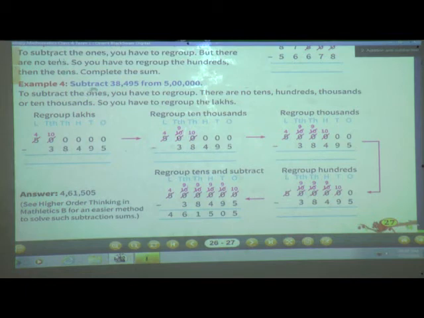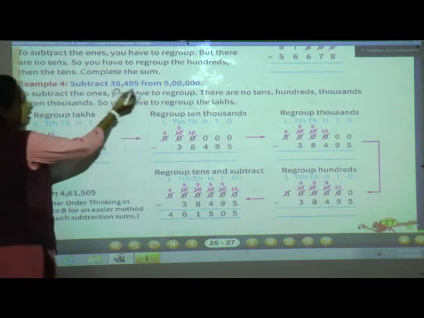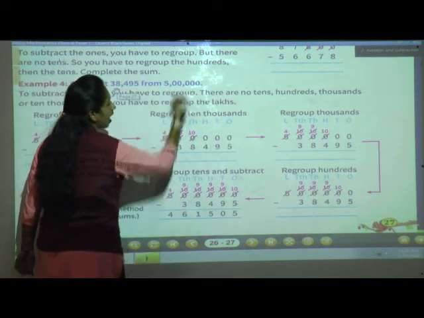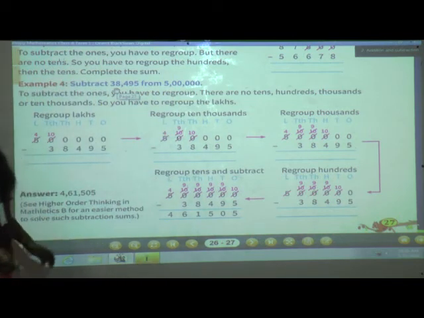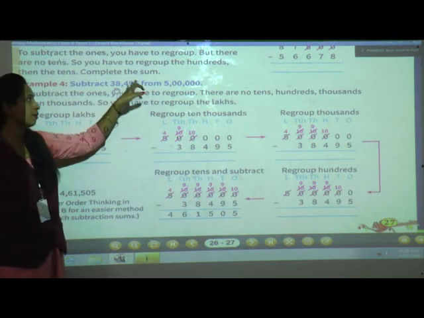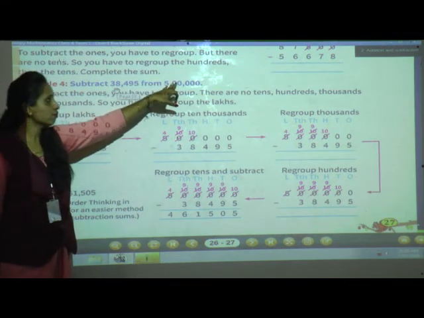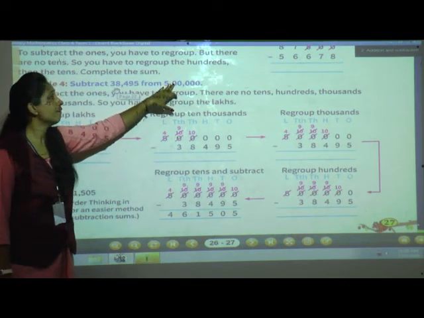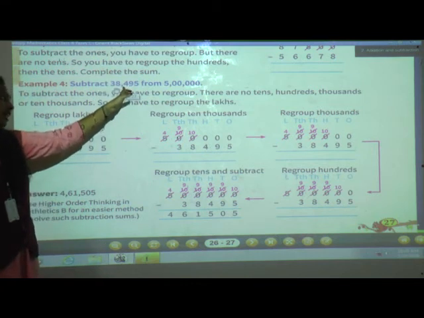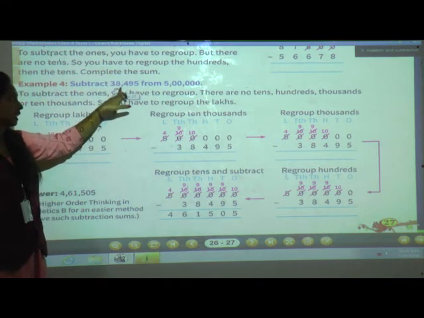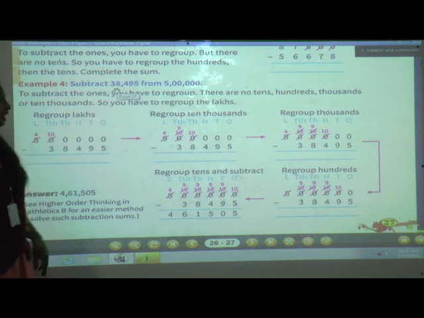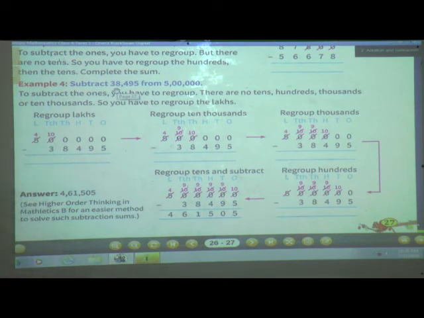The question is: subtract 38,495 from 5 lakh. So always write the greater number on this side. We have to subtract 38,495 from 5 lakh. To subtract the ones, you have to regroup.